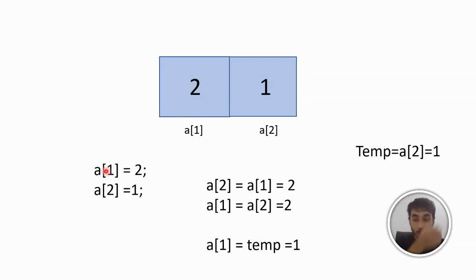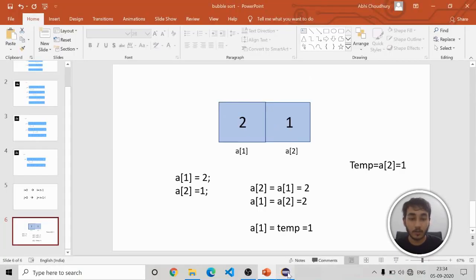So we need to store the original value of a2 in a temporary variable. So temp is equal to a2, which is 1, the original value of a2, and while assigning the value of a1 we will make it equal to temp so that it does not take the value of a2 from this line, and instead it will take the original value here. So a1 becomes 1 and a2 becomes 2, and the array got sorted. I hope you understand this part.